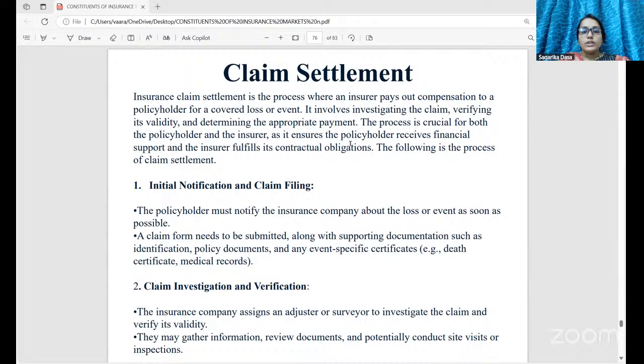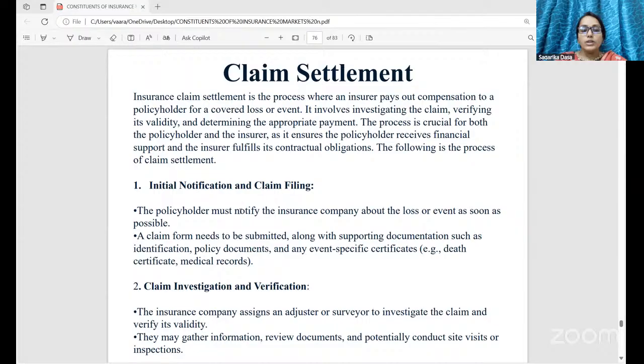The following process is involved in this claim settlement. First one, initial notification and claim filing. When the policyholder wants to get a claim amount, first he has to give initial notification and fill the claim form.